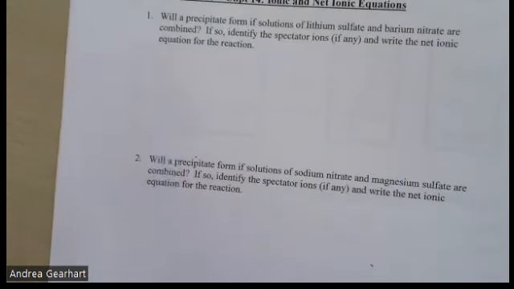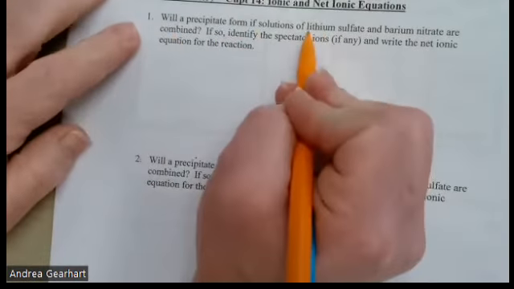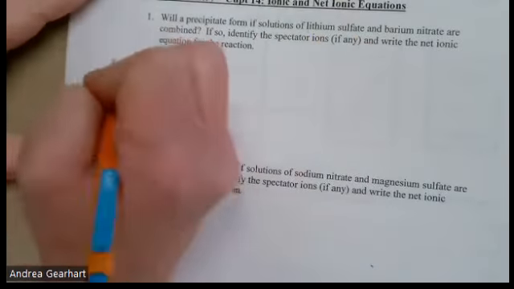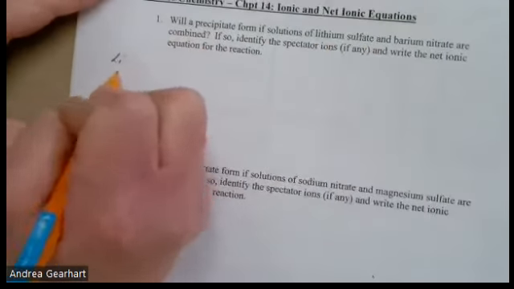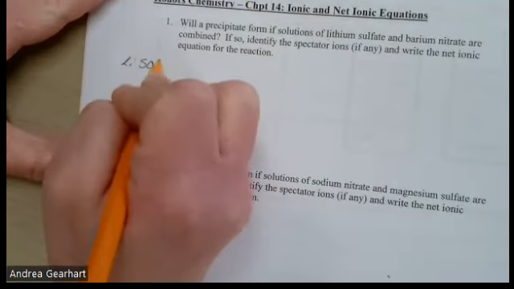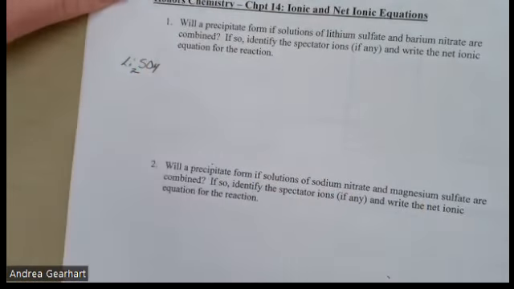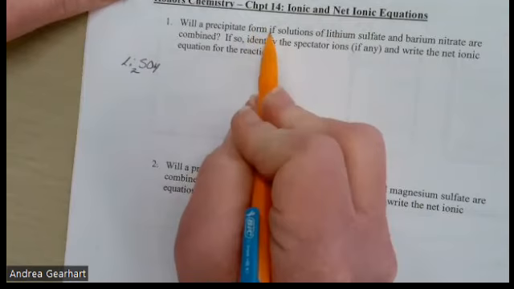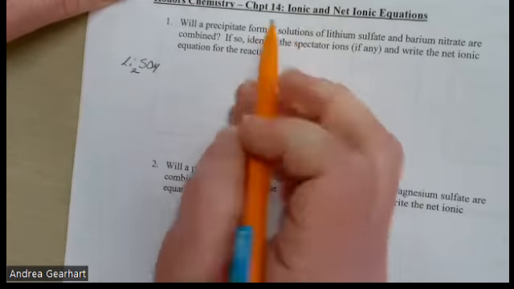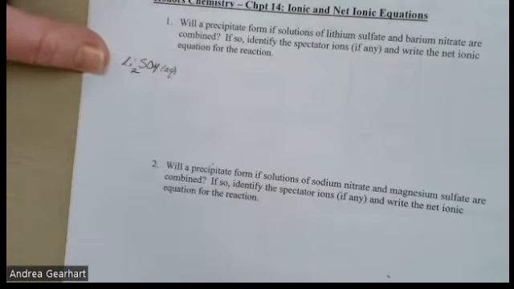So the problem is asking, will we get a precipitate if lithium sulfate, all right, so lithium sulfate, sulfate's -2, lithium is +1, so Li2SO4. Now, do you see it's solutions? So we're already being told, oh, that's soluble.